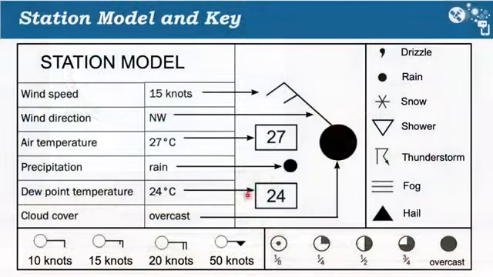Now, grade 10s, can we just go back to our weather station model quickly? So in other words, let me teach you something. I'm sure your teacher told you this already. The closer these two numbers are, let's say this one here is 27, and this one here is 2. So the temperature is 27, and in order for rainfall to occur, it has to drop to 2 degrees Celsius.